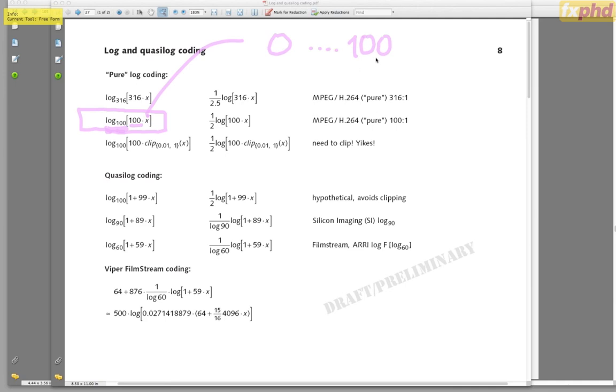Log to base 100 turns 100 into 1. It would turn 10 into 0.5. It would turn 1 into 0.01. And the numbers get smaller and smaller.